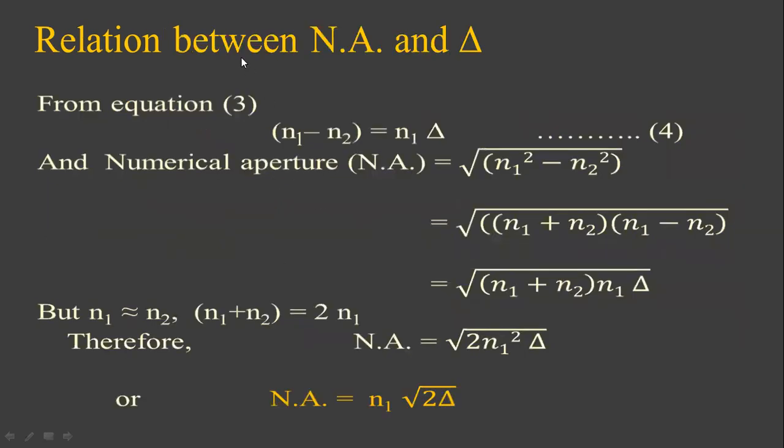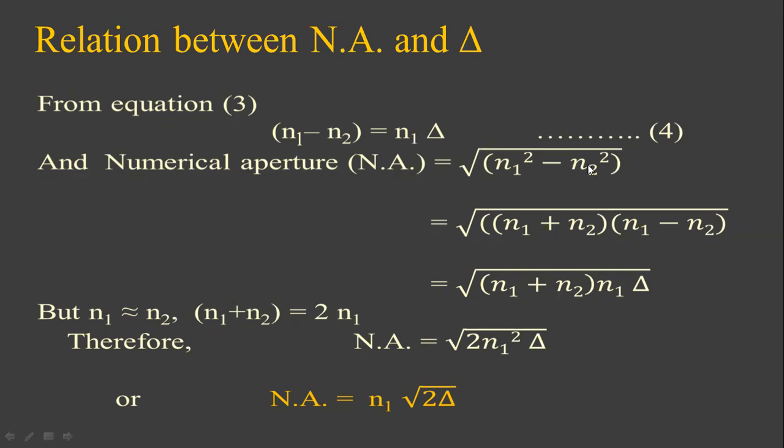And here a small relation between the numerical aperture and the fractional refractive index change delta can be obtained. From equation 3, N1 minus N2 by N1 is equal to delta. So that equation you can write as N1 minus N2 is equal to N1 into delta, equation 4. And numerical aperture is given by root of N1 square minus N2 square, which we have already derived.